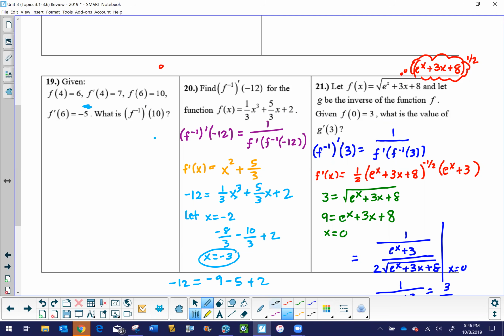So basically, to solve this problem, this is your denominator because that's your f prime. You replace the x with -3. When we simplify this, we get 1 over 9 plus 5/3. The 9 is the same as 27/3, is it not?